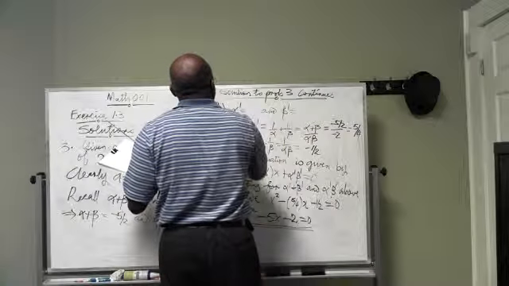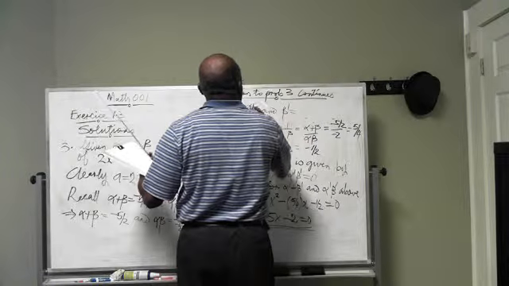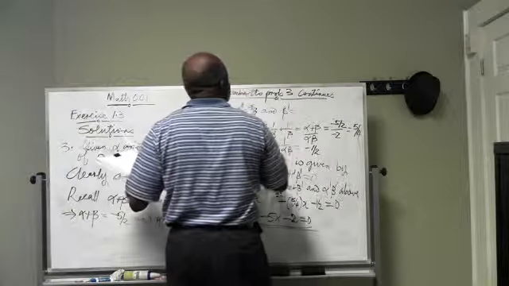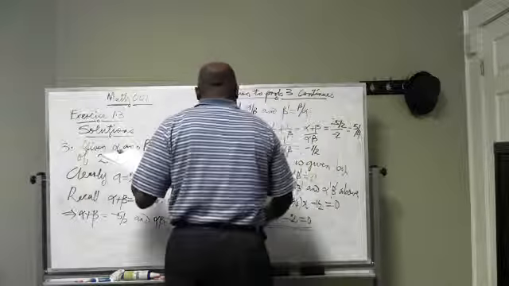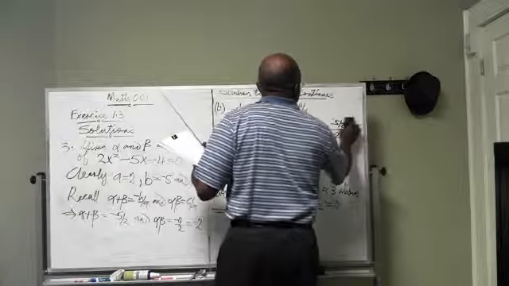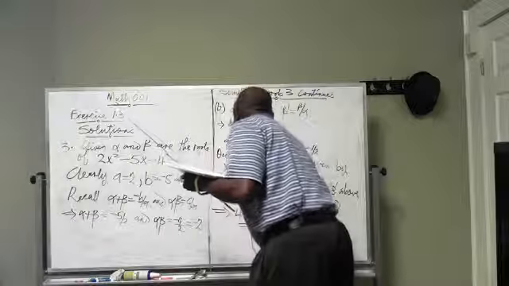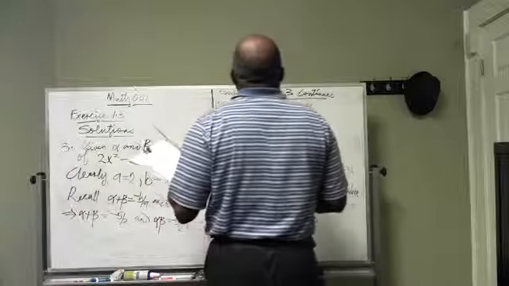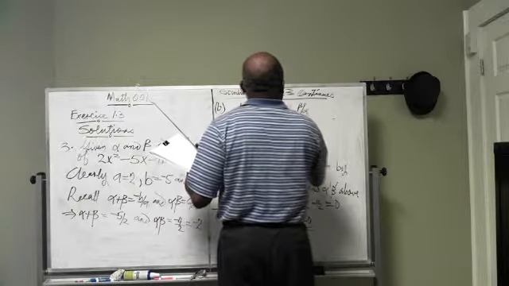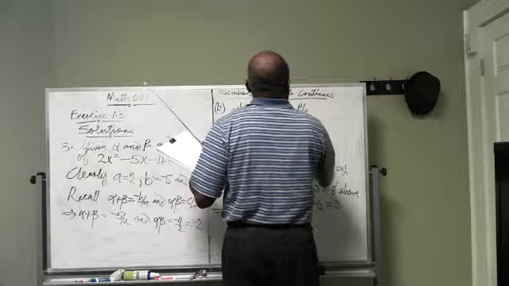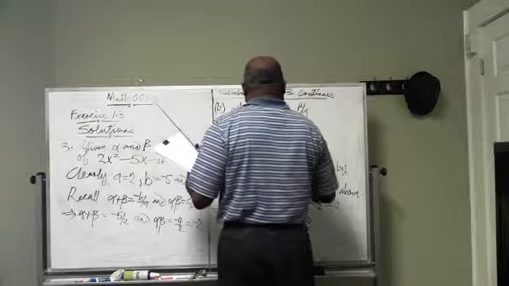Problem 2B. Alpha prime equals alpha over beta, and beta prime equals beta over alpha. Clearly, alpha prime plus beta prime will be equal to alpha over beta plus beta over alpha, which is a fraction.